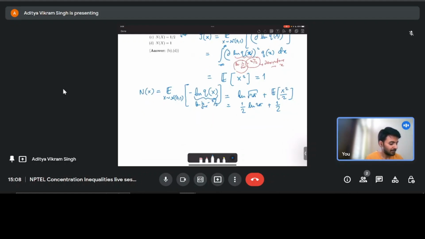Actually this is not N of x, this is h of x, this is the entropy, and then the entropy power is e power 2h(x) by 2 pi e.